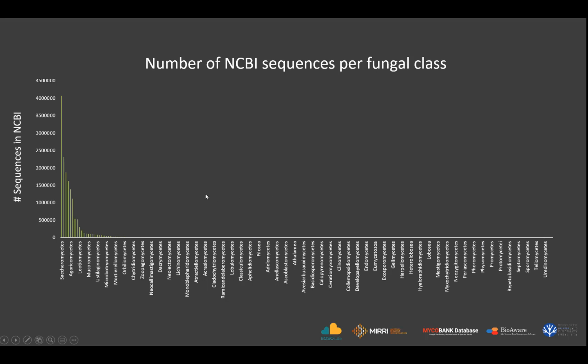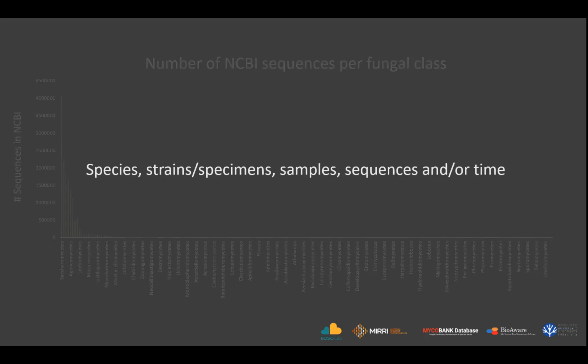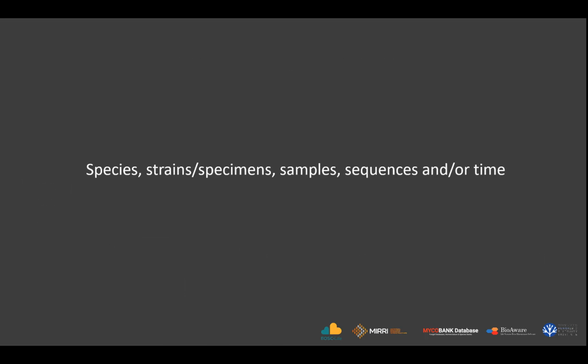So we are still very far away from having complete descriptions, and even barcodes are not available for many of them. So shall we work at the species level, strain level, specimen level, samples level, sequence level, genome level, or even time? That's also playing a role.